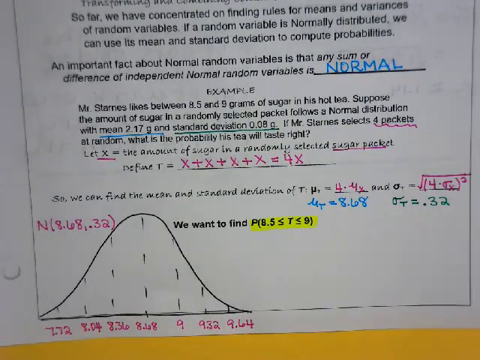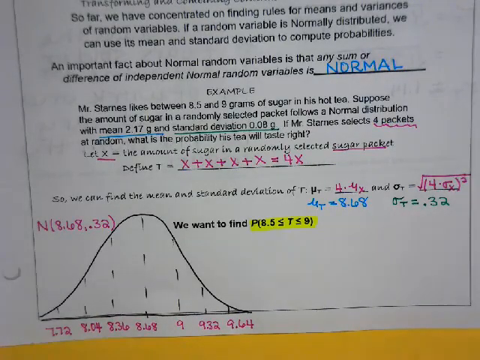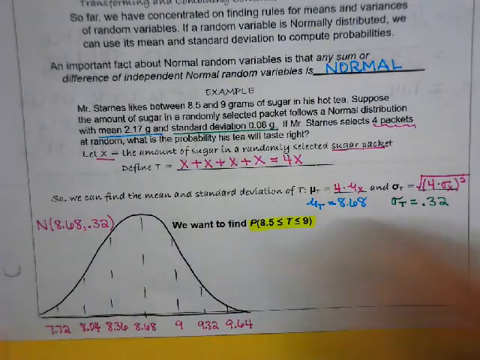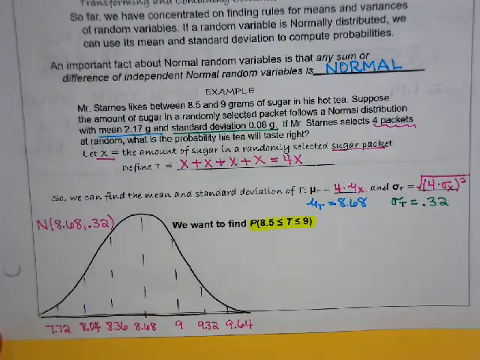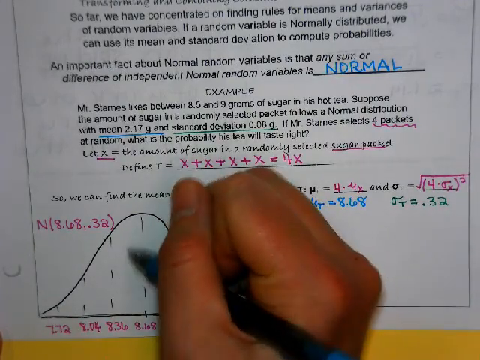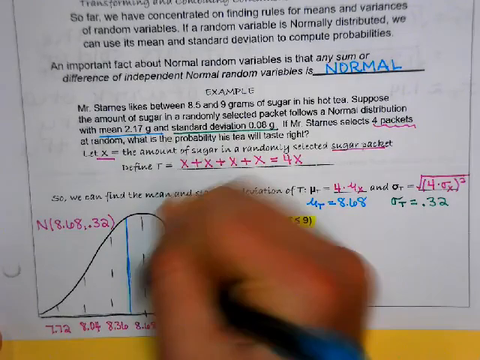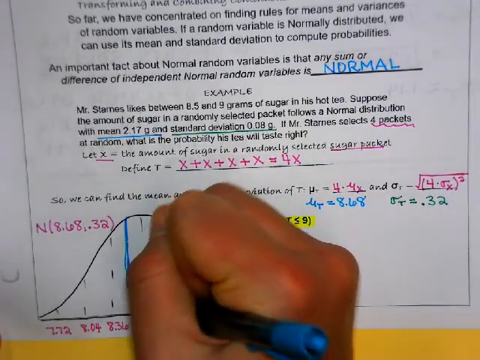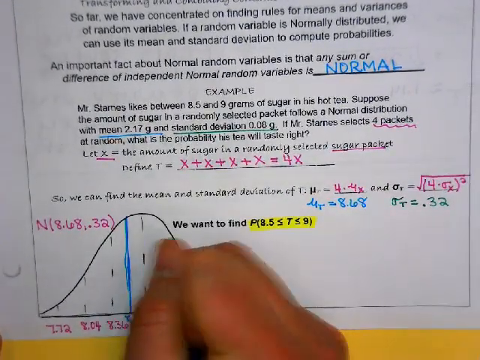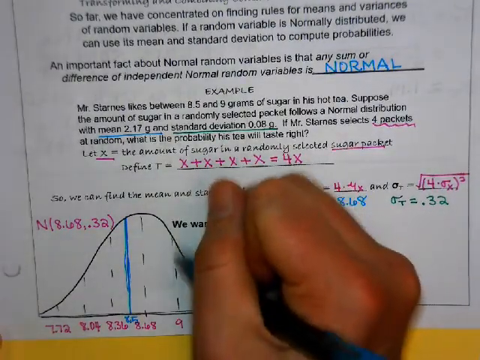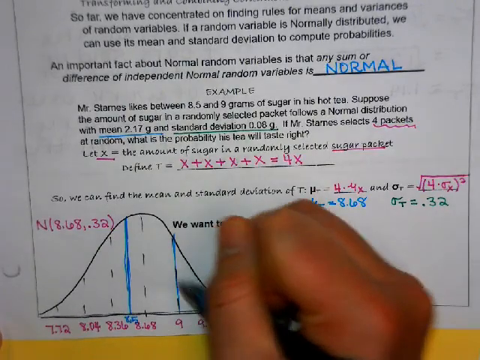So 8.5 is in between 8.36 and 8.68, a little closer to 8.68. I'm going to label it 8.5, and then 9 is the upper bound, one of our hash marks. We're looking for the area in between those two.